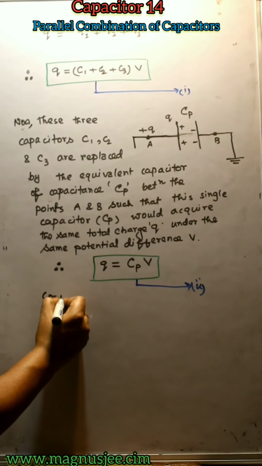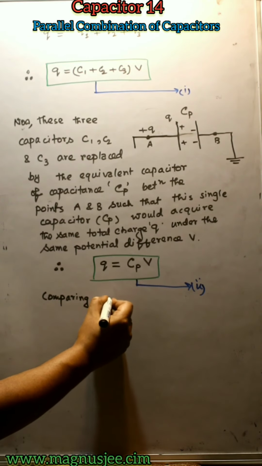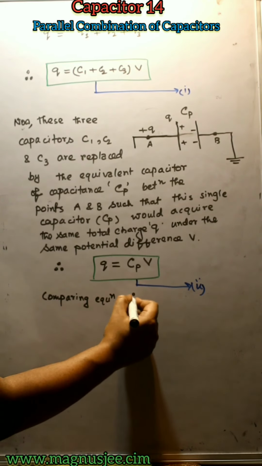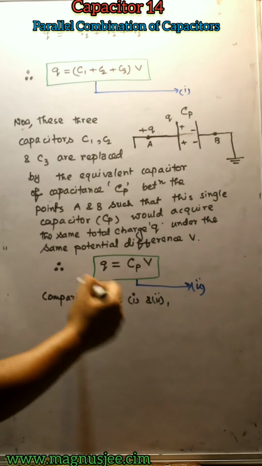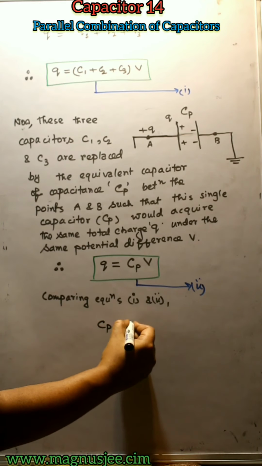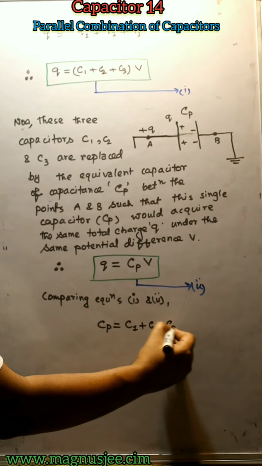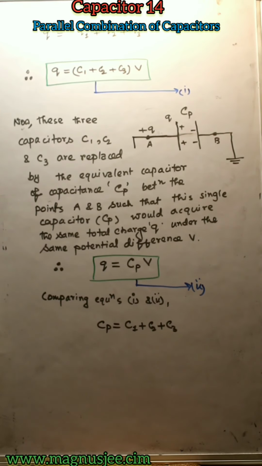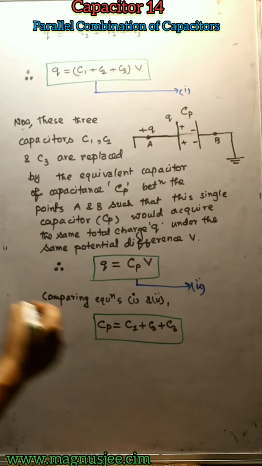Comparing equation 1 and 2, we get Cp dot V equals (C1 plus C2 plus C3) into V. So V and V will cancel out and we get Cp as C1 plus C2 plus C3.